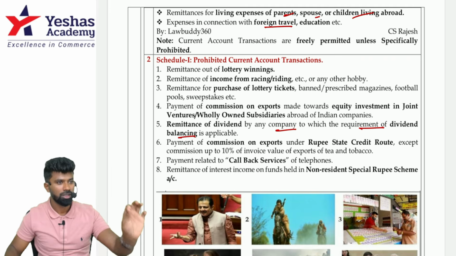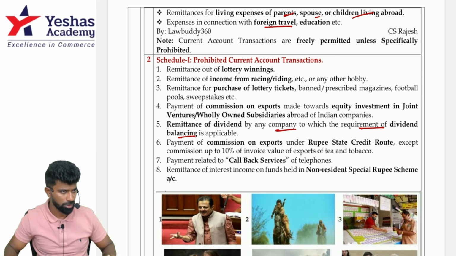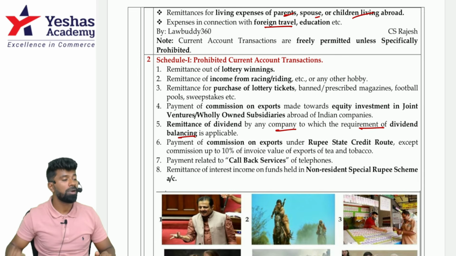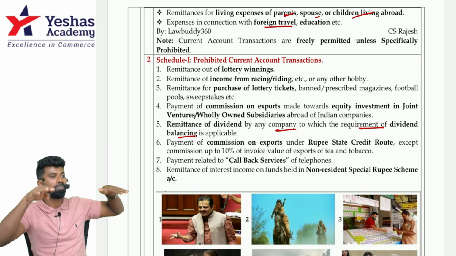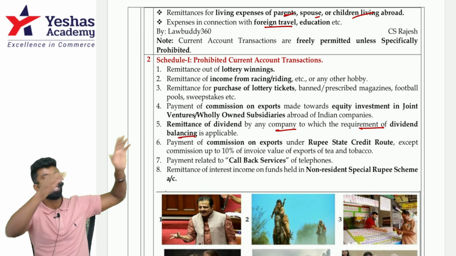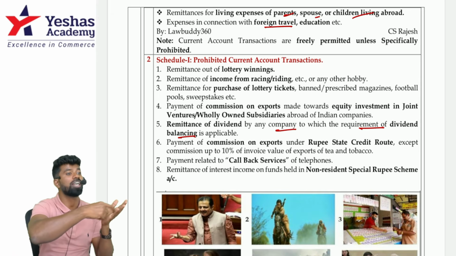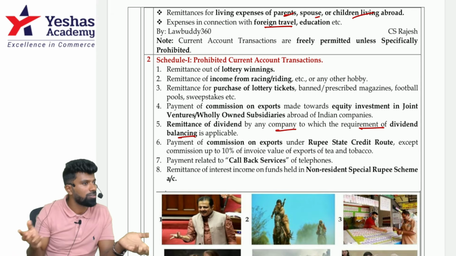I repeat, there is a foreigner who has done an investment worth some amount of money. I'm supposed to pay him the dividend. But as per the law, for this type of investment, what is applicable? Dividend balancing. It means I have to balance my outflow with inflow. I should earn the foreign exchange to meet my obligation of payment of dividend.